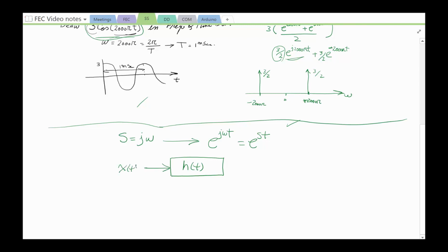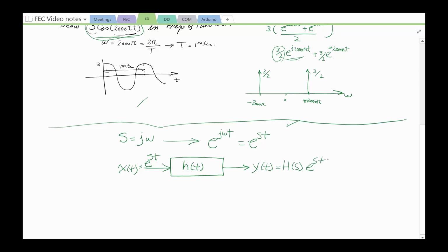Okay, we got to make it really simple and say our input is always e to the st, and remember what that is, e to the j omega t, so it's a simple complex exponential signal. And then what comes out of here, we will claim it's actually, it would be nice if we could represent y of t simply as h of s, so magical h of s, we haven't told you what it is, times e to the st.